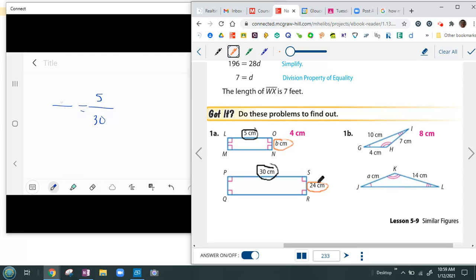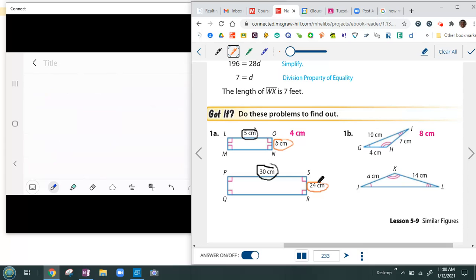Those are corresponding pieces. So smaller is b to 24. When I cross multiply, I get 30b equals 20. Divide by 30, divide by 30, and b equals 4. And that's 4 centimeters.